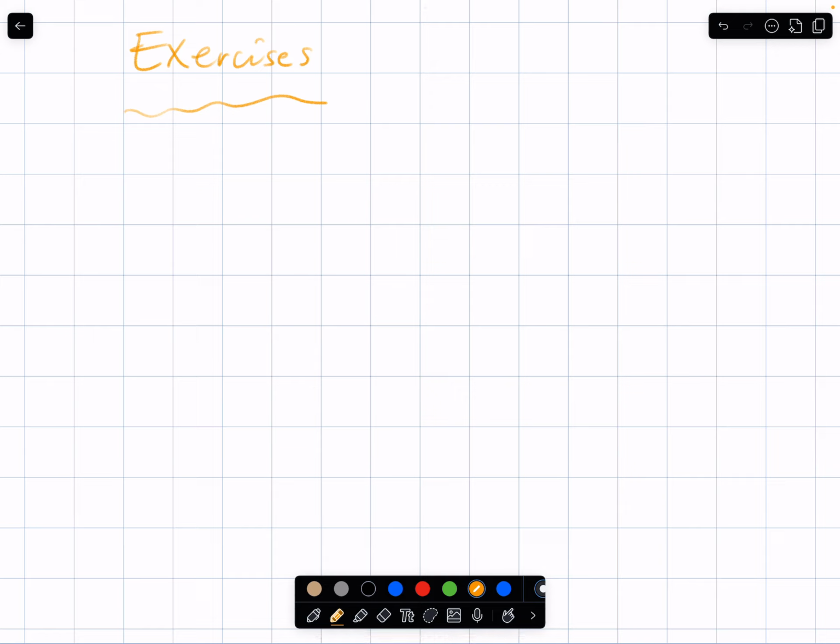So let's use the sigma notation to evaluate the following. All right, so let's see.